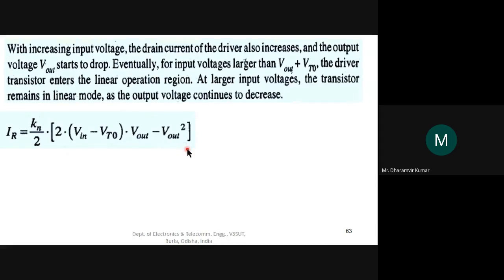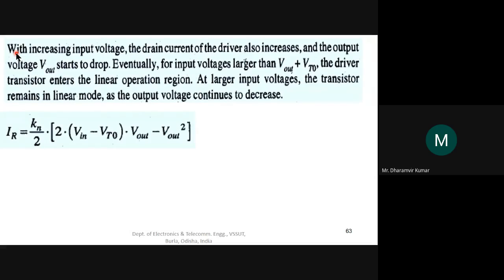I leave this task up to you to verify, that when we increase the input voltage to a certain high value, how does the device enter into linear from saturation.